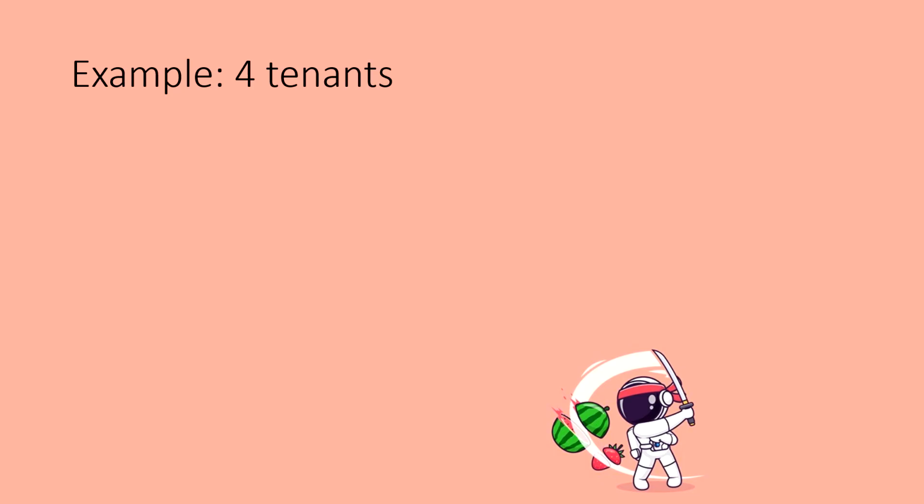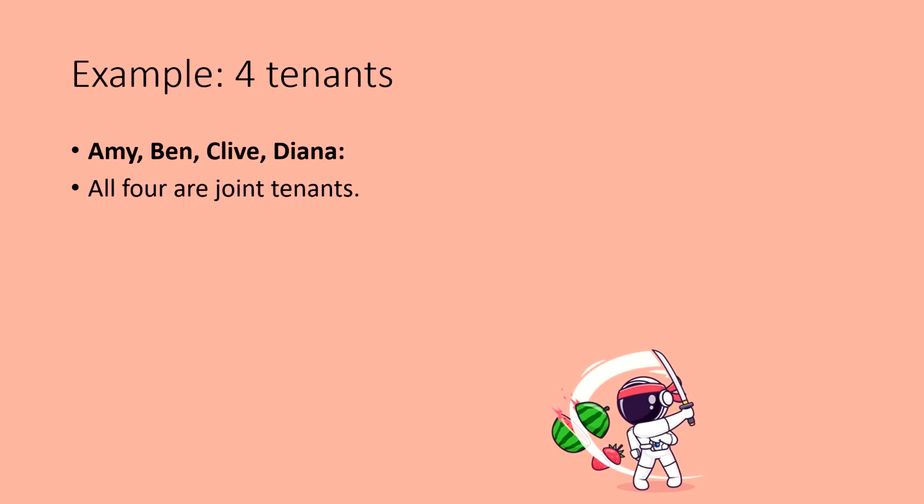Okay, and then if we have by contrast four tenants, this works quite differently. So for example, we've got four tenants in the beginning: Amy, Ben, Clive, and Diana, and they are all four joint tenants. Remember, four is the maximum amount of joint tenants we can have. Ben then decides he wants to sell his interest to Fiona.